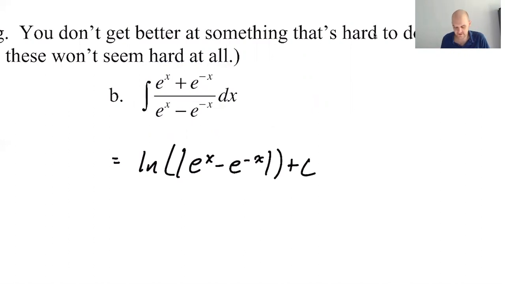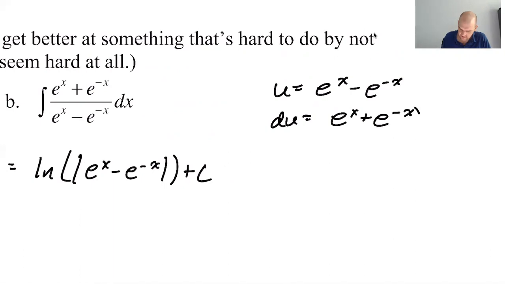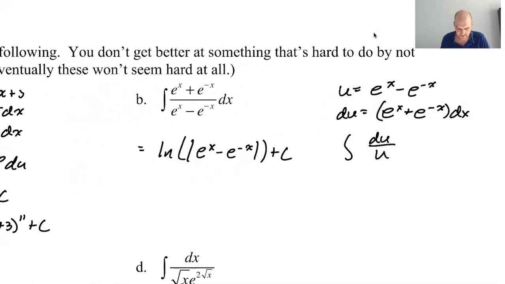That's going to be our answer. If we want to do the work, we say du is e to the x plus e to the negative x dx. So it becomes du over u, which takes us back there. I'm not going to show that work because that's where it would end up.